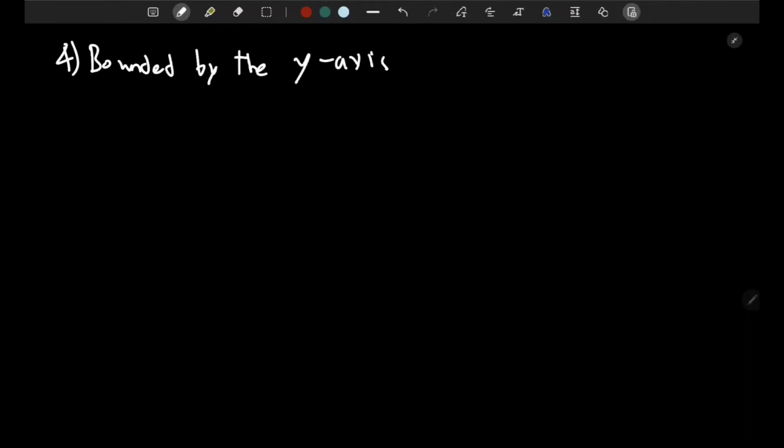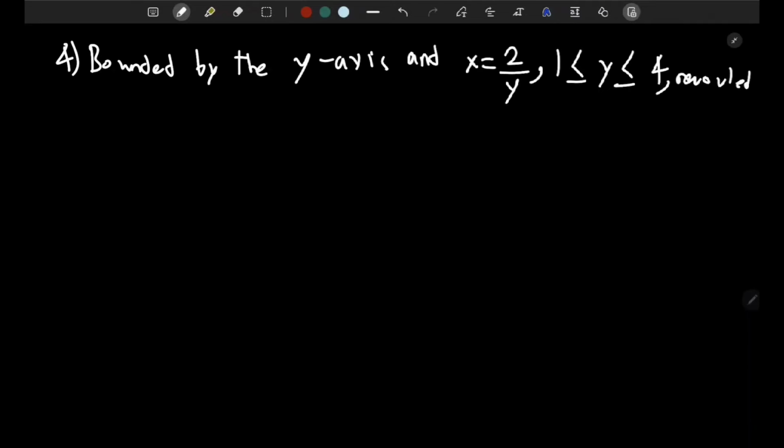So here we will be integrating in terms of dy instead of dx, and the line is x equals 2 over y, from 1 to 4, revolved around the y-axis. So again, the first step is to draw, of course.